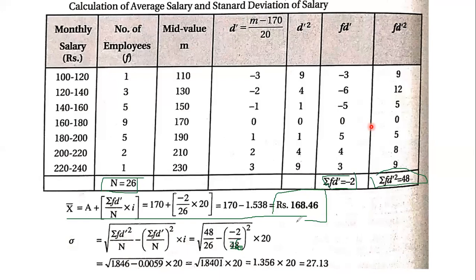When you simplify this, your standard deviation will be 27.13. So this is the complete calculation of the standard deviation, after finding out the average bonus, the arithmetic mean, and then the standard deviation.